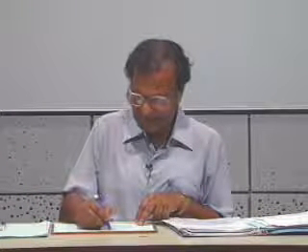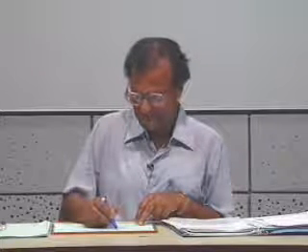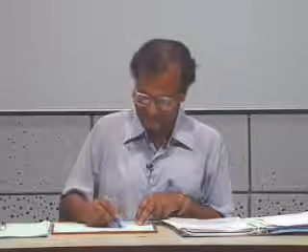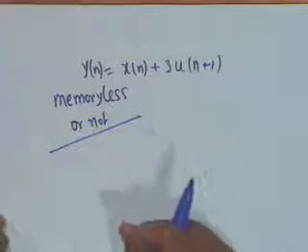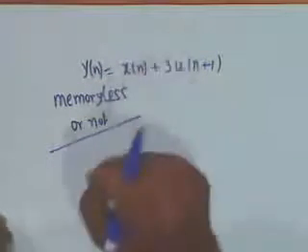Then the question is y[n] equal to x[n] plus 3u[n+1]. Is the system memoryless or not? Yes, it is memoryless. Why? Because y[n] depends on x[n] only.